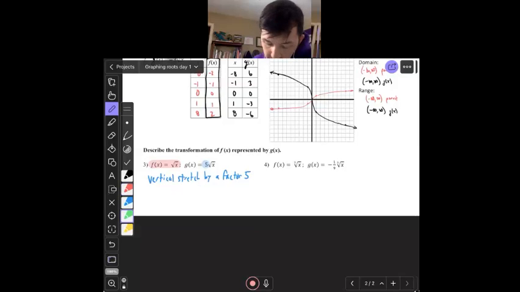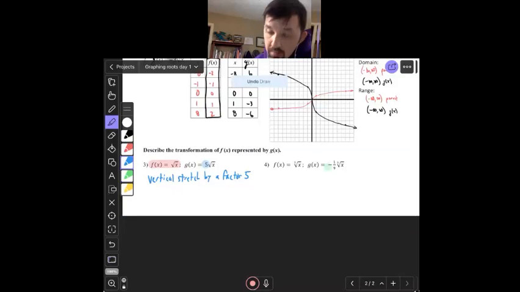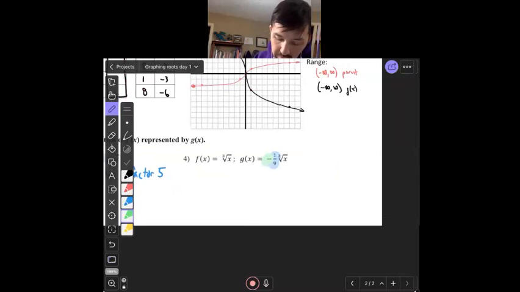So remember that the negative and the 1/9 do two separate things. Okay? So we refer back to them at separate times. So the negative is doing reflection. So you can say vertical reflection or reflection over the x-axis. I prefer reflection over the x-axis.